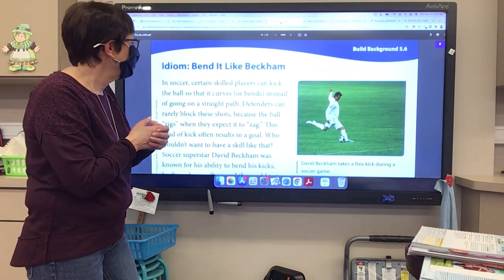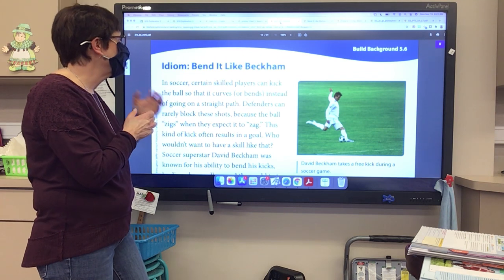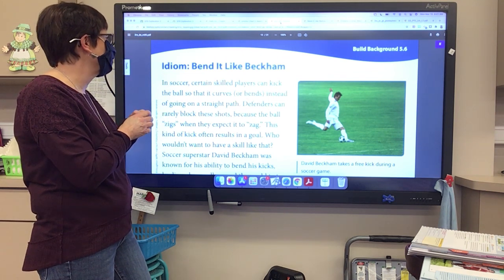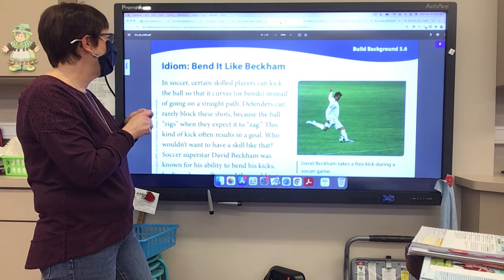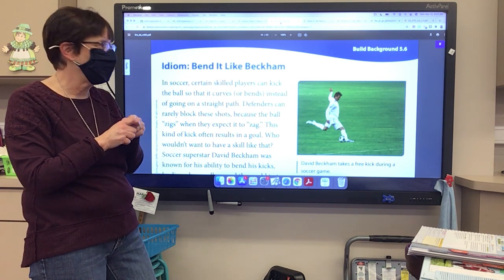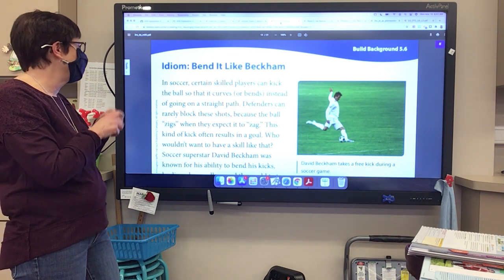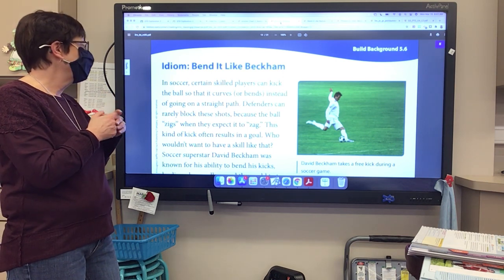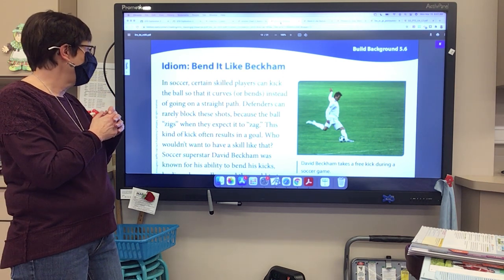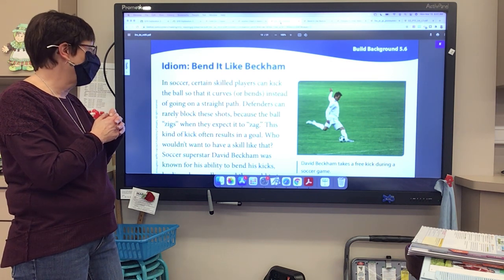Anyhow, so it says here, in soccer, certain skilled players can kick the ball so that it curves or bends instead of going on a straight path. Defenders can rarely block these shots because the ball zigs when they expect it to zag. This kind of kick often results in a goal.